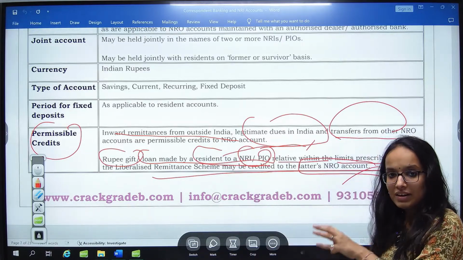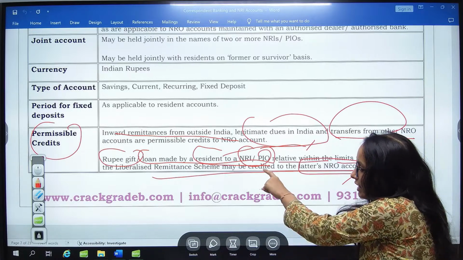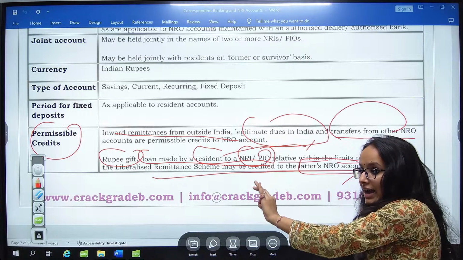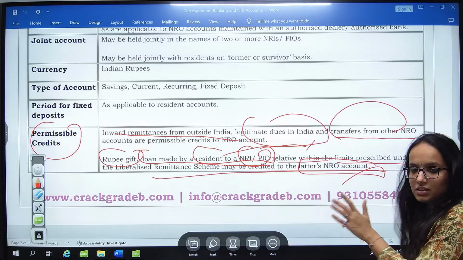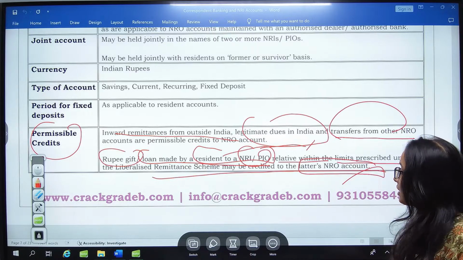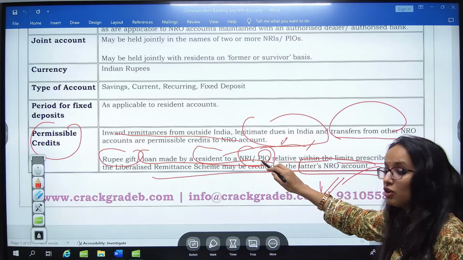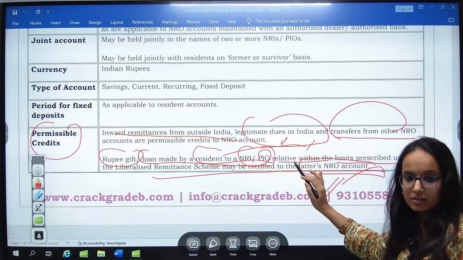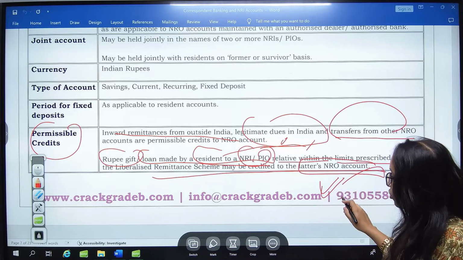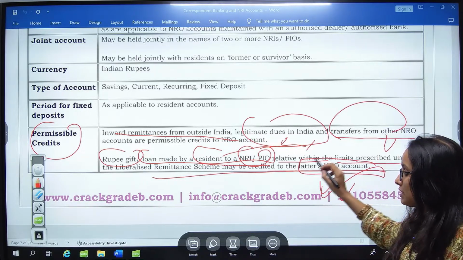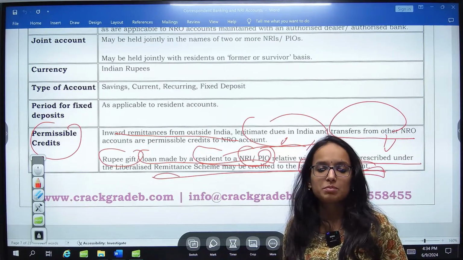If the NRO account holder has a relative who is an NRI or PIO, that amount can be sent to your account within the limit prescribed under RBI's liberalized remittance scheme, but it has to be sent by the NRI or PIO relative only, right? What is this LRS, the liberalized remittance scheme?